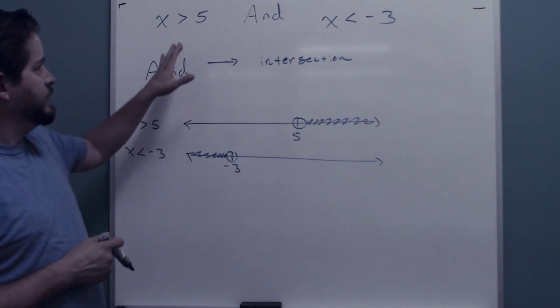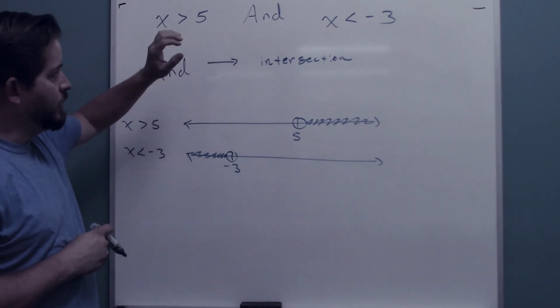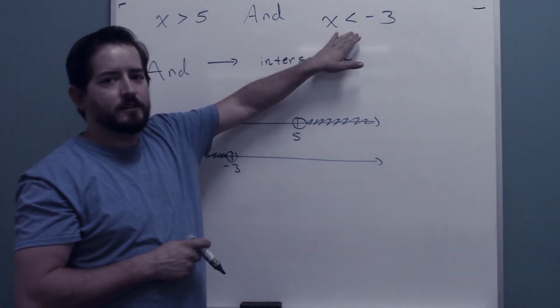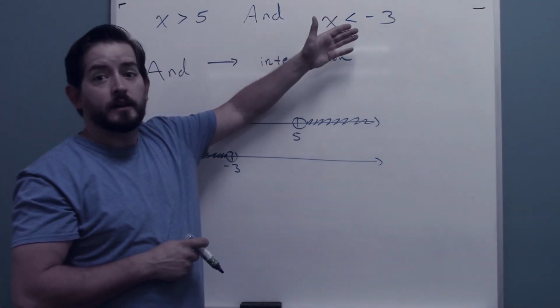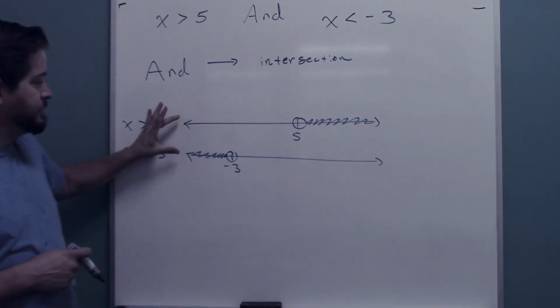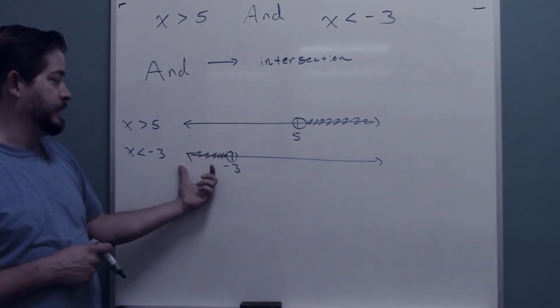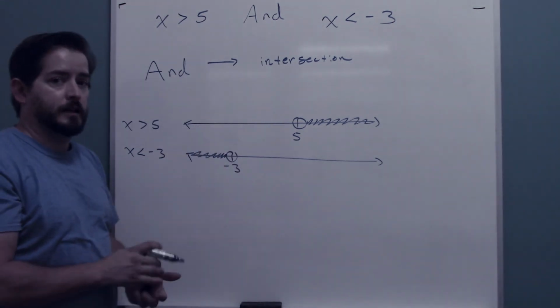So when I say and here, I'm looking for all of the numbers that are both greater than 5 and less than negative 3. And there aren't any. And you can pictorially see that because if I push these two together, I'm looking for the numbers that are highlighted in both lines, and there aren't any.